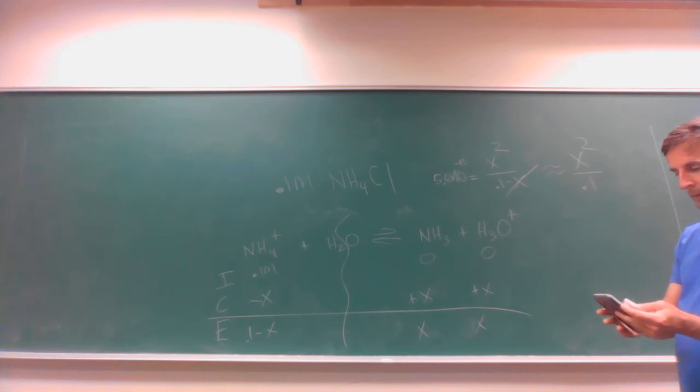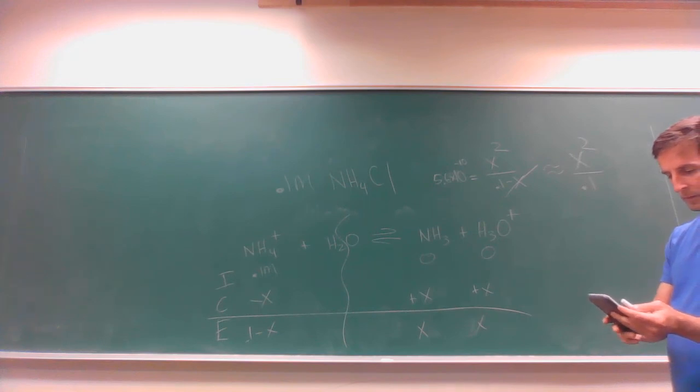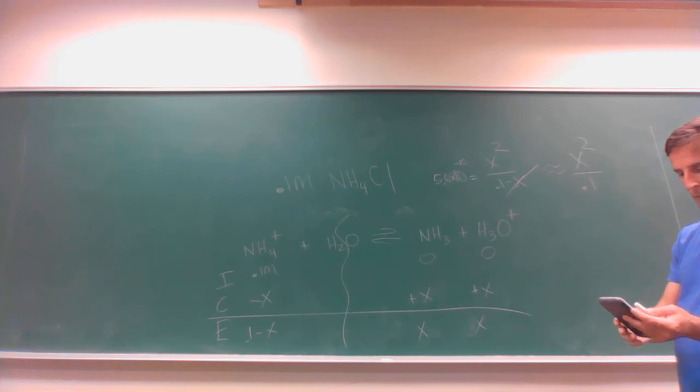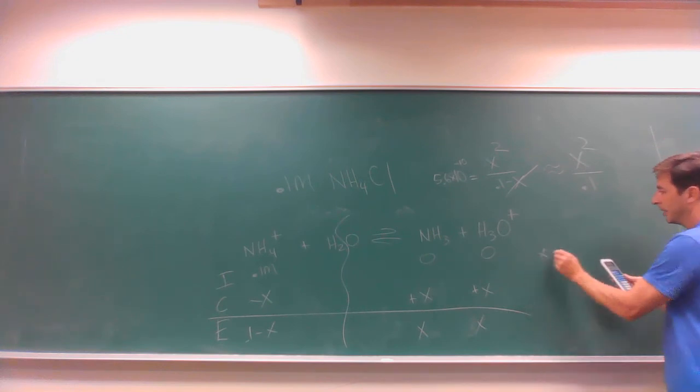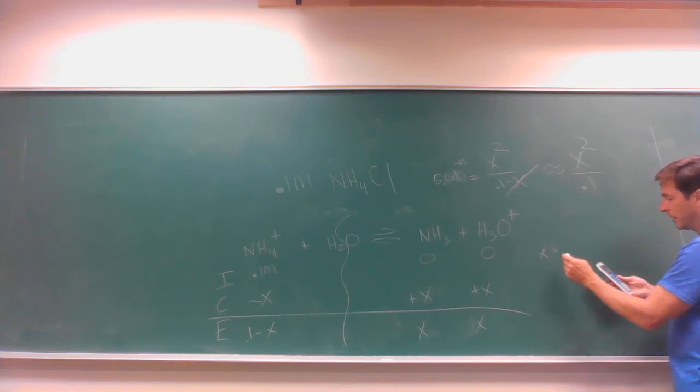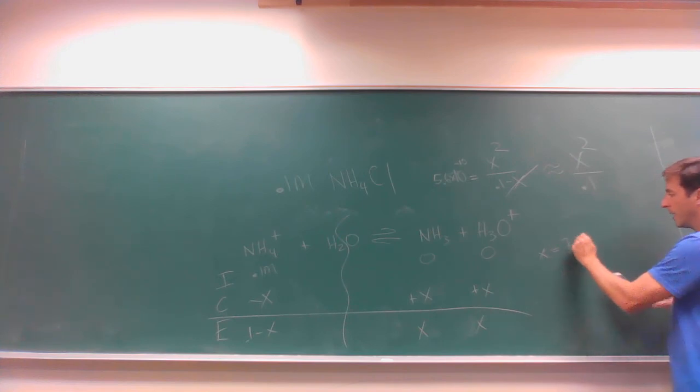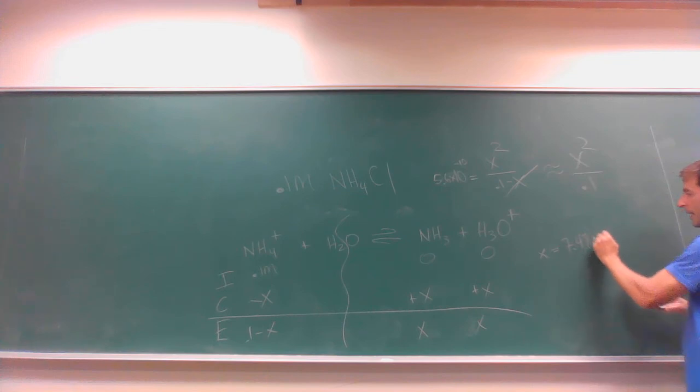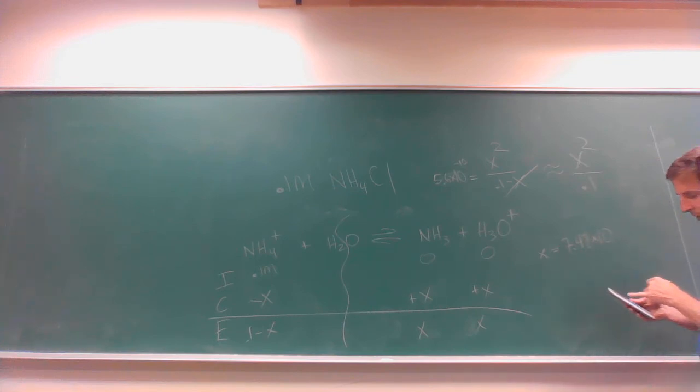Oh, I messed that up. And then take the square root. So I got X equals 7.48 times 10 to the minus 6.